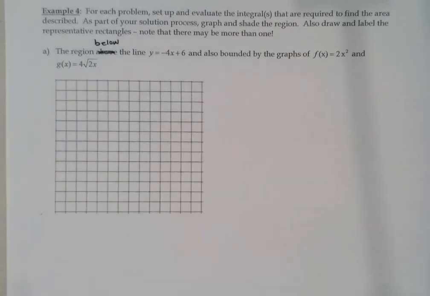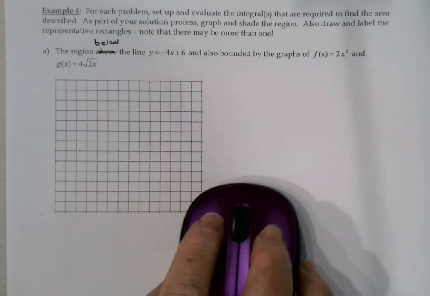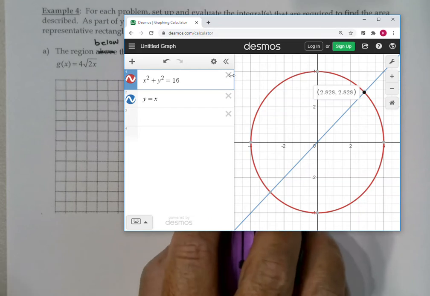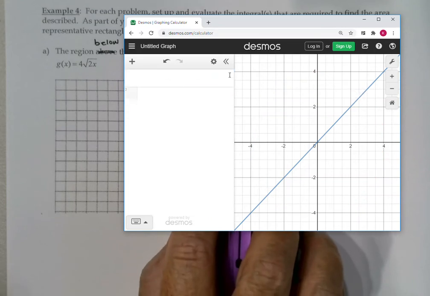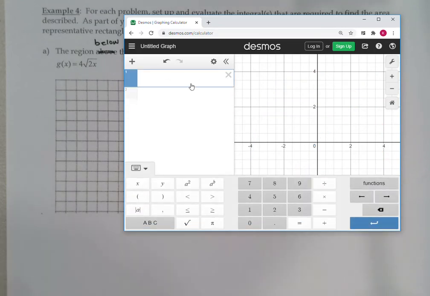That's a little better. All right, so again, it's easiest to graph this probably on Desmos, although you can certainly do this on the calculator. I'm going to do a quick Desmos graph for us to help us visualize this. So my first line is y equals negative 4x plus 6. I've also got the parabola y equals 2x squared.